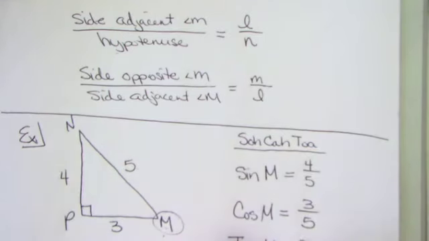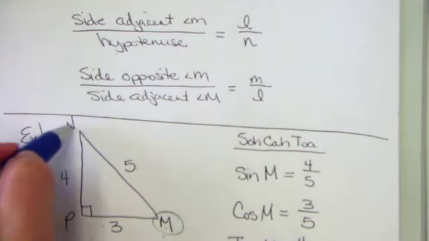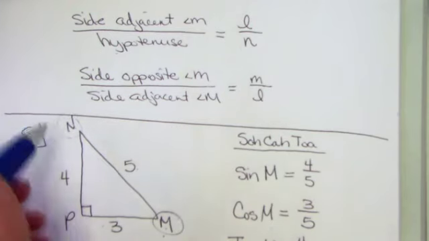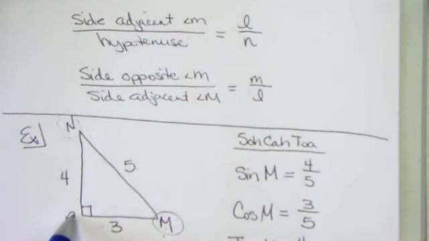Opposite of M is 4, adjacent is 3. We could do the same thing and find the sine, cosine, and tangent of angle N. We could not do that for angle P because it is a right angle, not an acute angle. This concludes Trig Notes number 1.